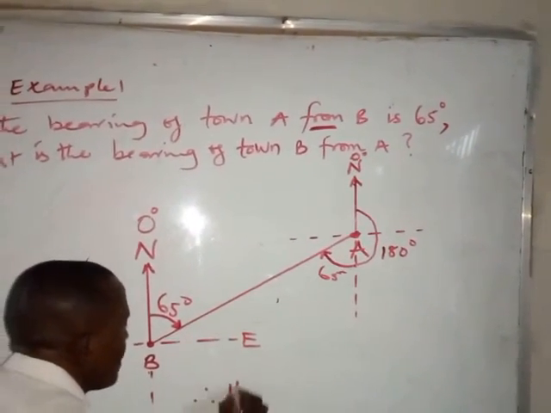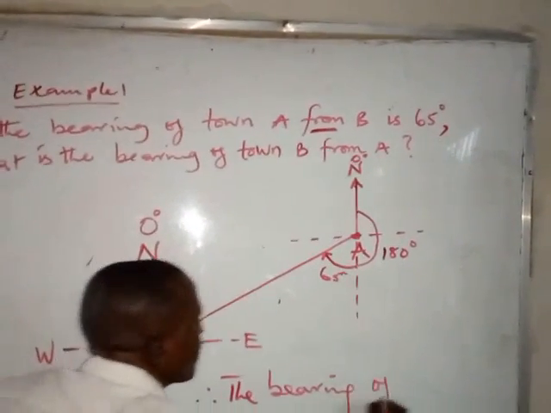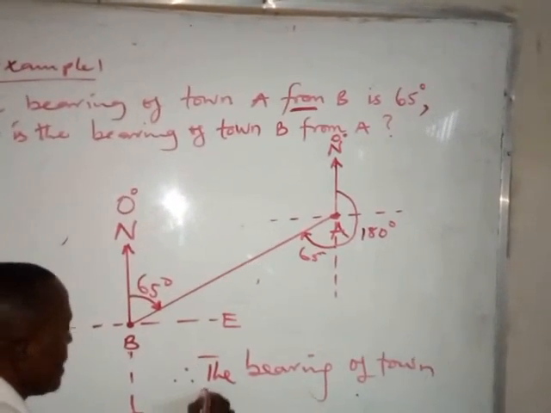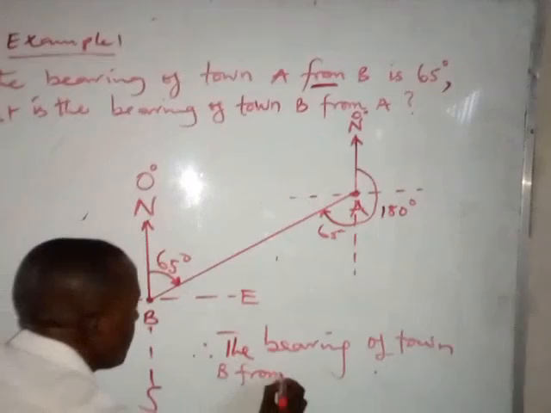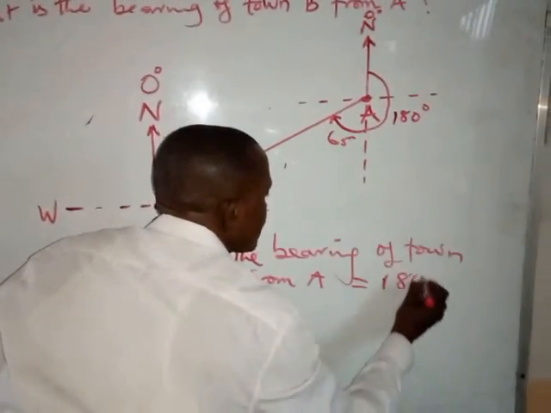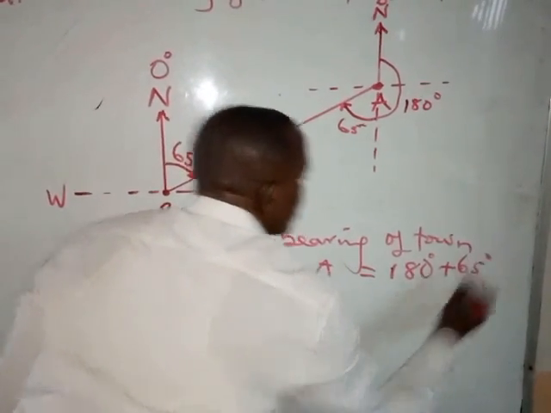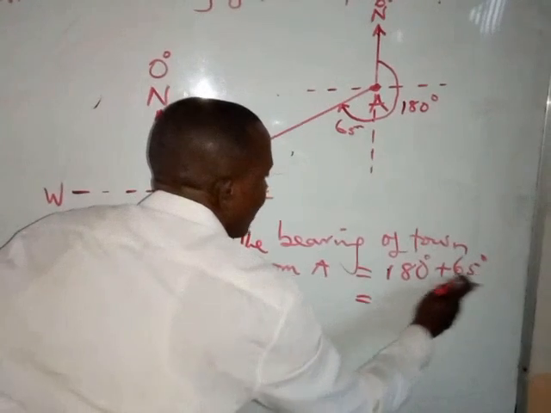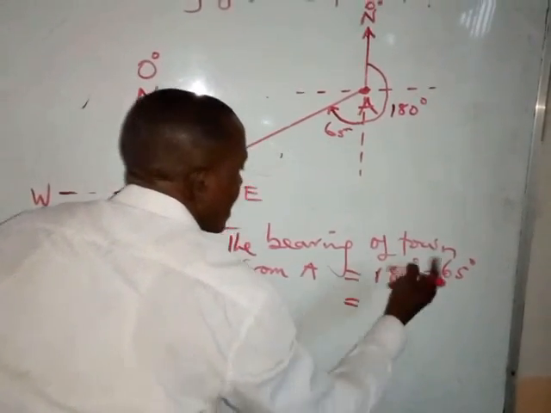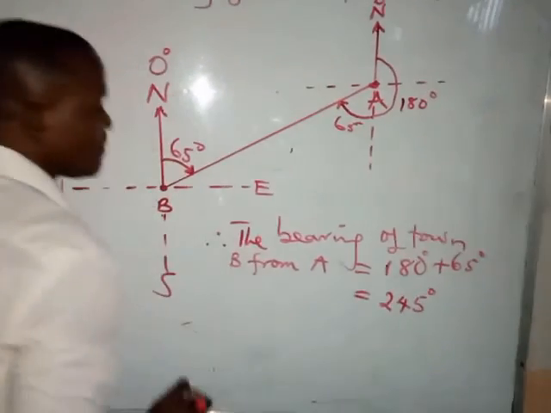Therefore, I said the bearing of town B from A is equal to 180 degrees plus 65 degrees, which is equal to 245 degrees.